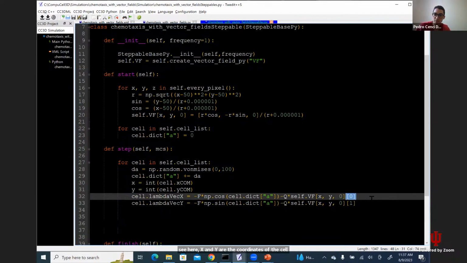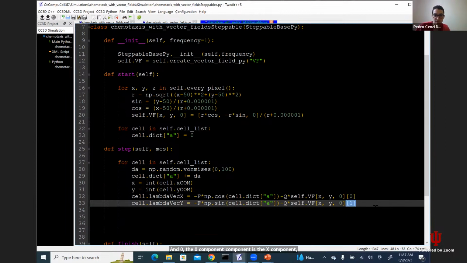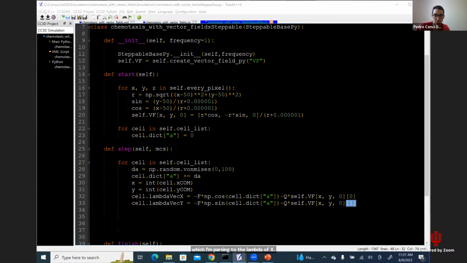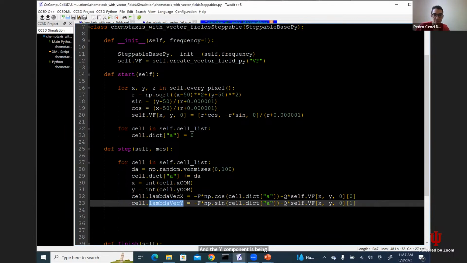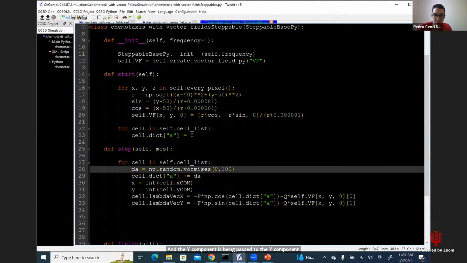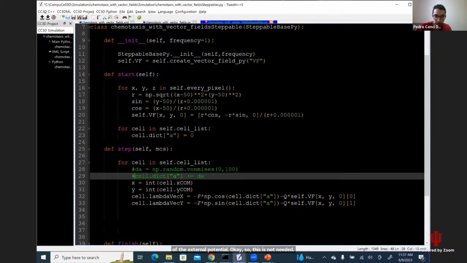And the zero component is the x component, which I'm parsing to the lambda vec x. And the y component is being parsed to the y component of the external potential. Okay, so this is not needed. This is not needed.